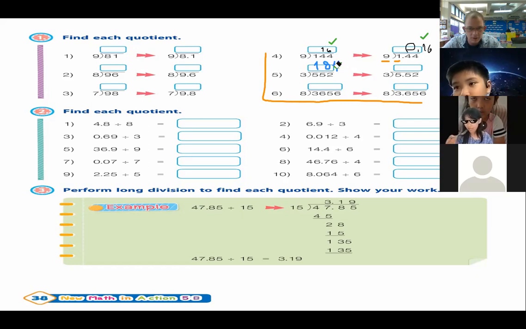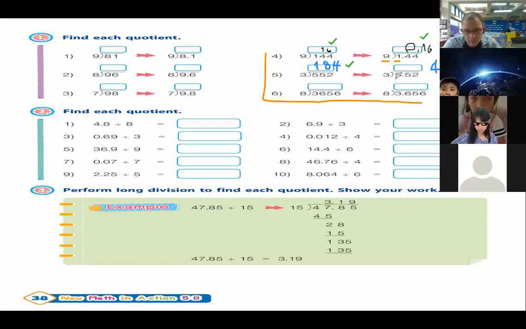184 is correct. This one is not correct, the second one.